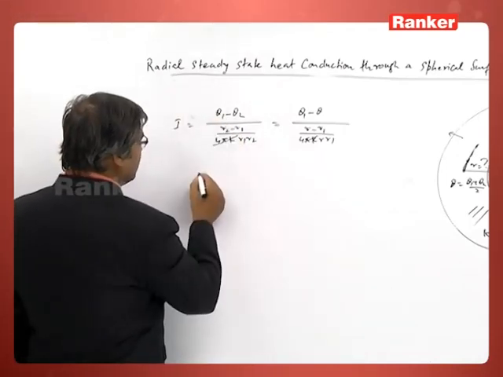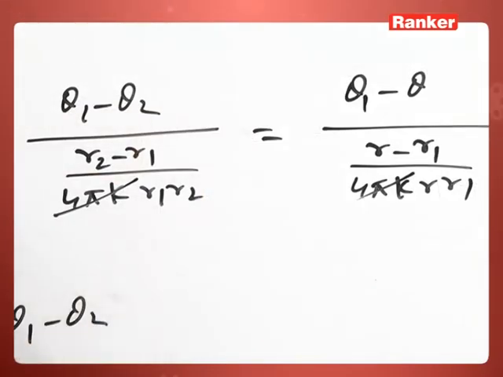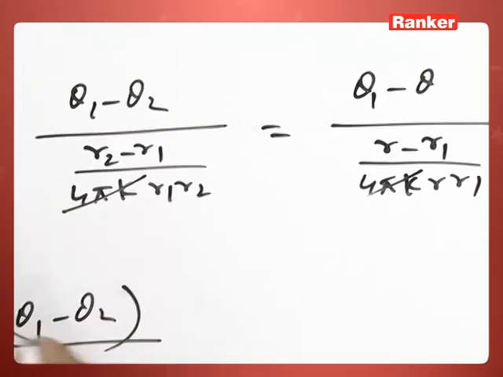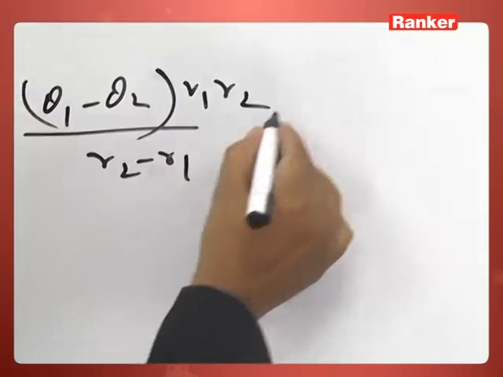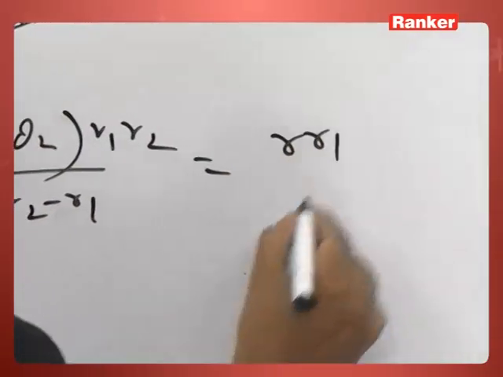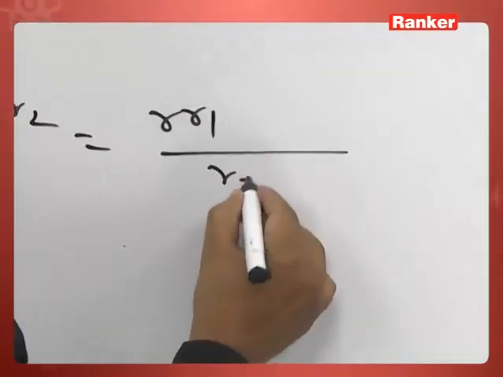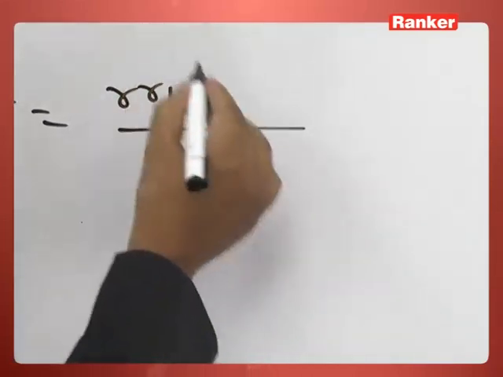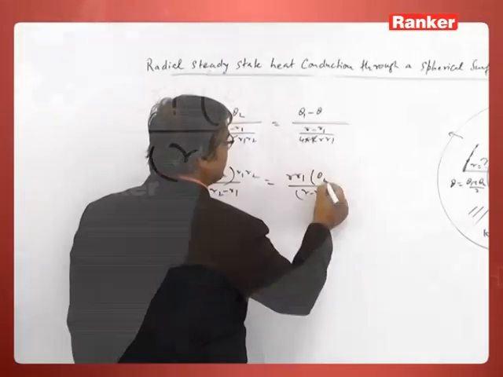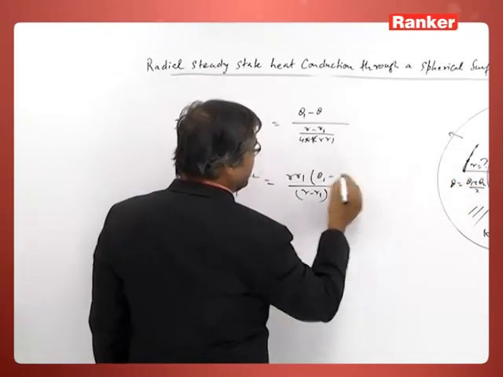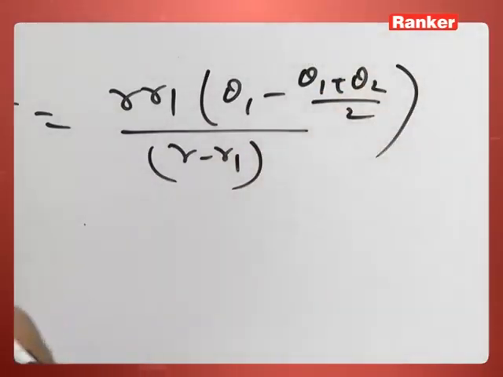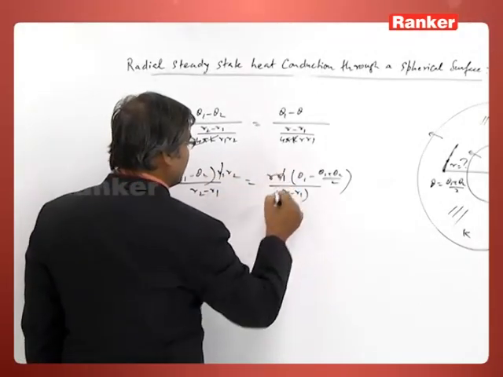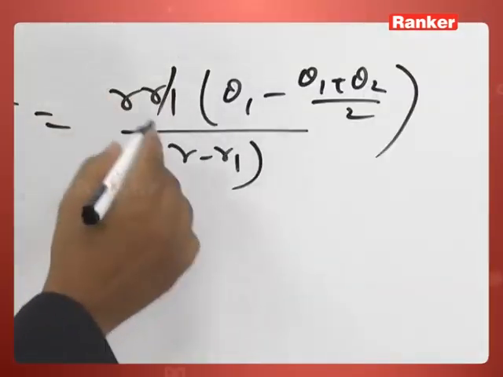So, we will have (theta 1 minus theta 2) into R1 R2 by (R2 minus R1) is equal to R R1 by (R minus R1) into (theta 1 minus theta). Here theta is (theta 1 plus theta 2) by 2, we will substitute this, R1 gets cancelled, we are interested in R.